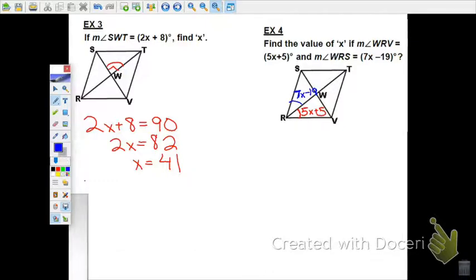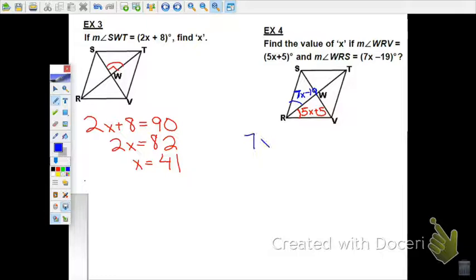So what kind of a relationship do I know about those two angles? They are equal to each other because the diagonal is bisecting angle R of our rhombus.